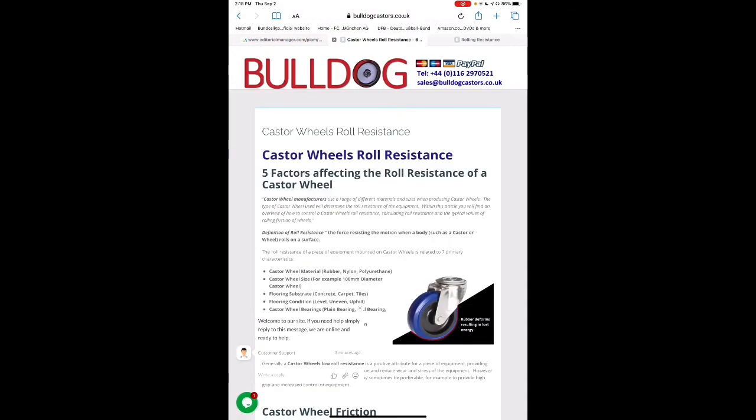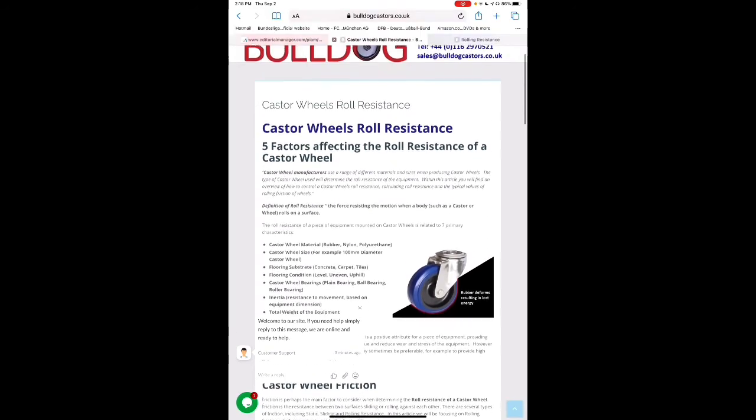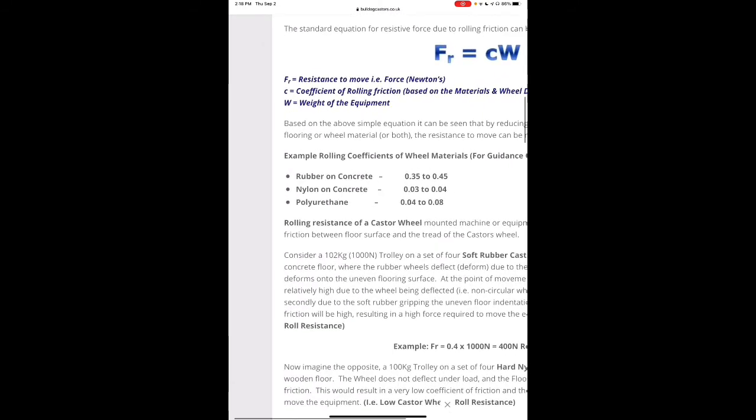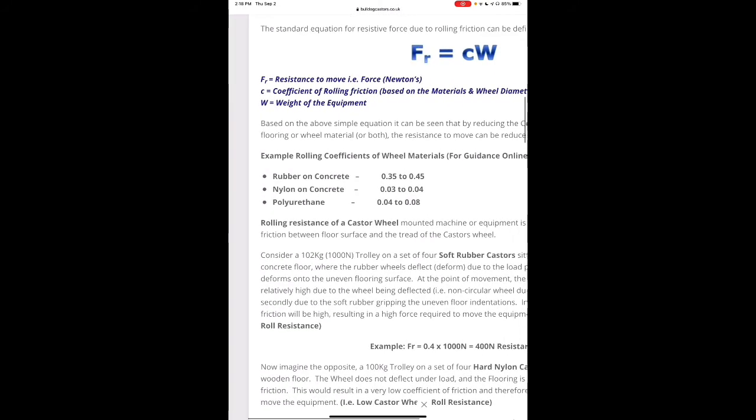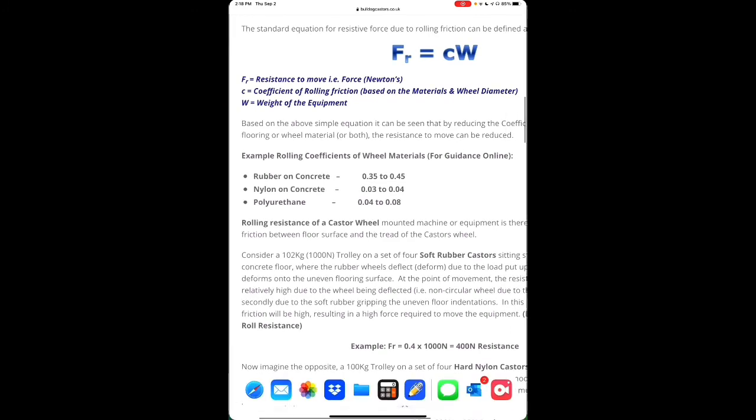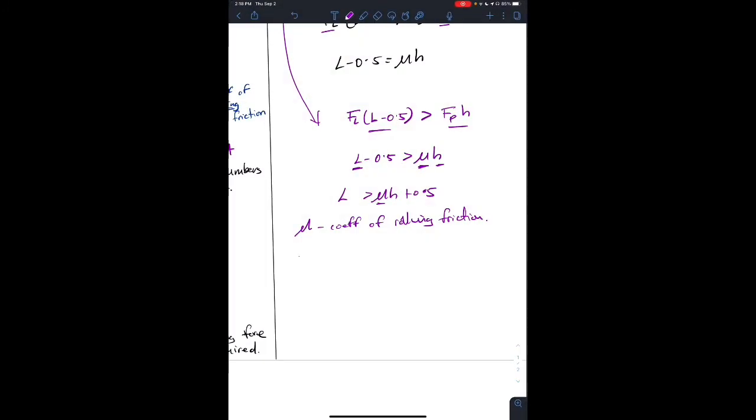So I found a caster wheel manufacturer that actually has some values here. They have a nylon wheel on concrete, with 0.03 to 0.04. So we will use that value. We say mu is equal to 0.04, using the higher end value.